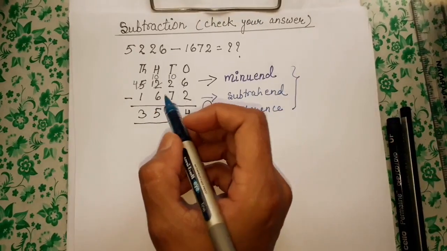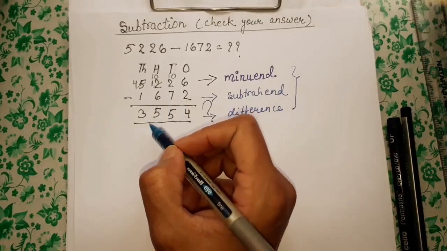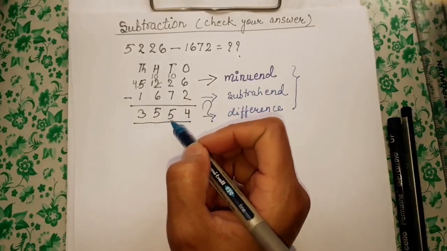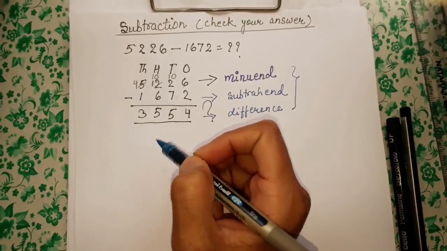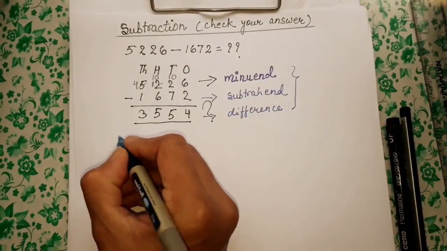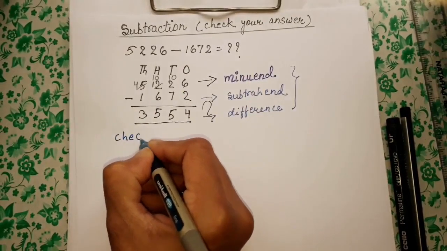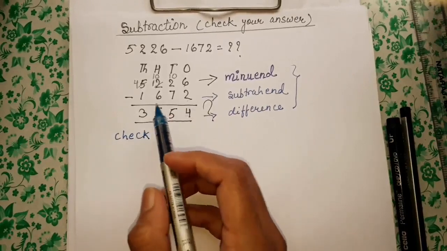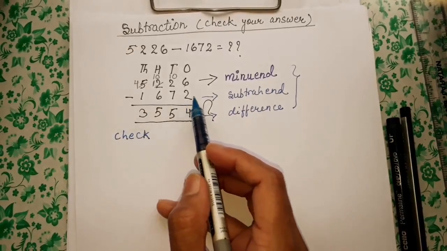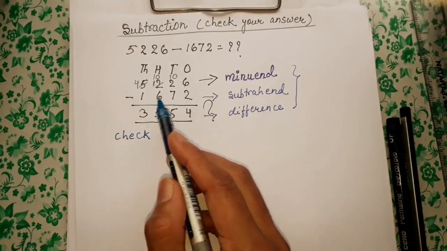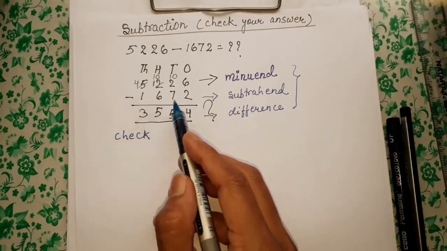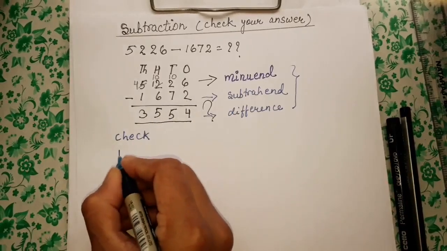See, I want to check that my answer 3554 is correct or not. For that, write here check. Now, write first subtrahend. Our subtrahend is 1672. Write here.